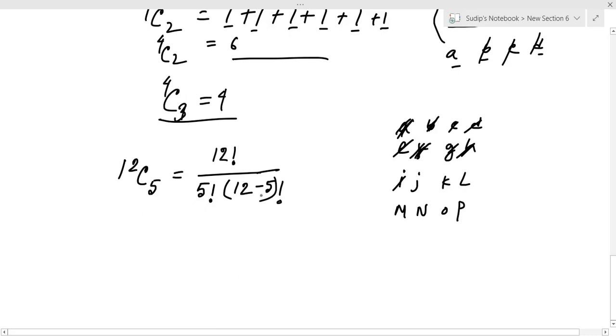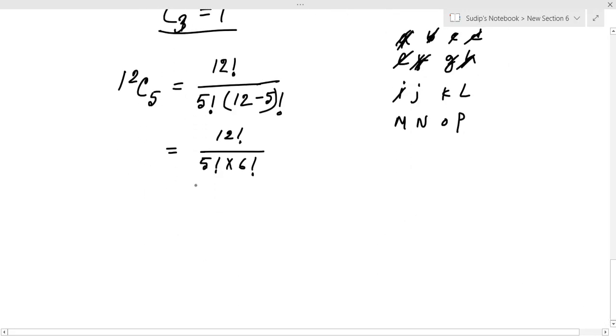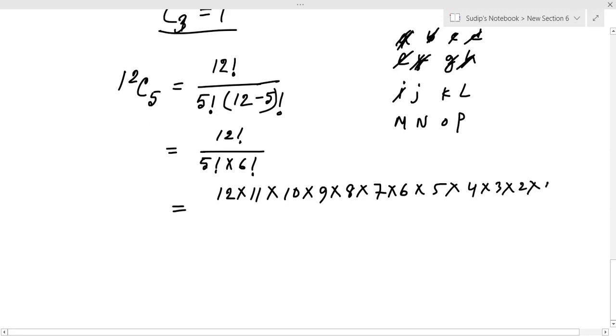That is 12 factorial divided by 5 factorial into 7 factorial, which means you have to find 12 factorial. 12 factorial means 12 into 11 into 10 into 9 into 8 into 7 into 6 into 5 into 4 into 3 into 2 into 1.